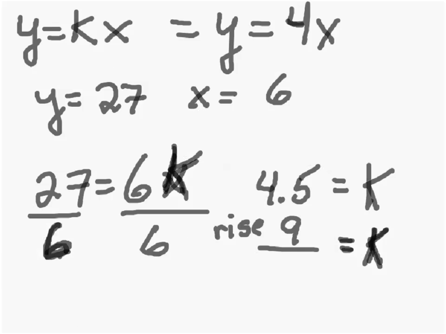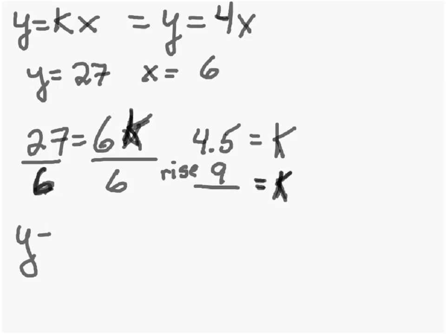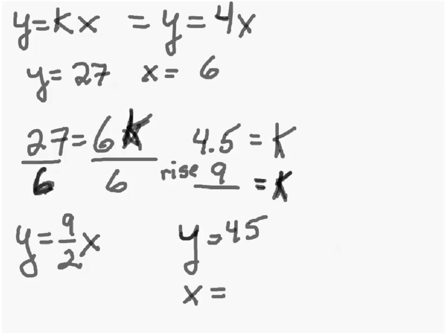So what if we have this y equals 9 halves x, and then it says find x when y is 45. When y equals 45. What do you guys think we would do with that? If it tells us y is 45, and we have an equation, y equals 9 halves x.